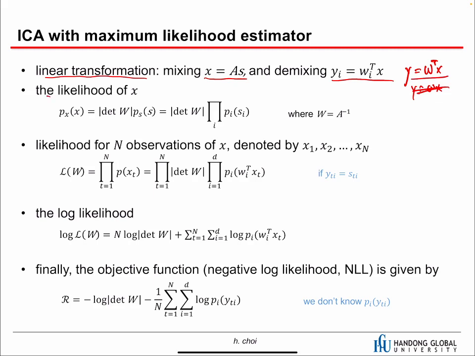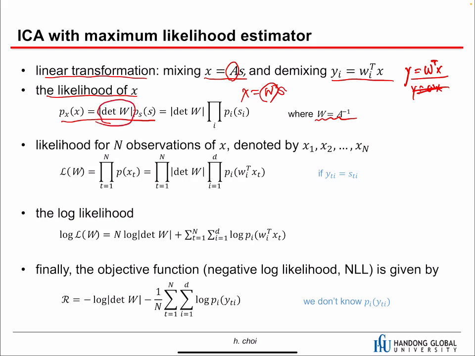Okay, and then the likelihood of X is like this. So when we have a transformation like this, and assuming that W is A inverse, then X is W inverse S. When we have a linear transformation, the determinant of this matrix is the volume change, so we have to reflect that with this determinant here.